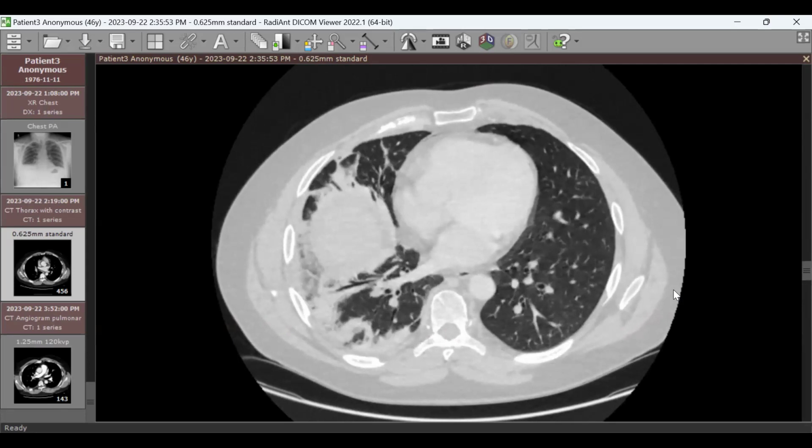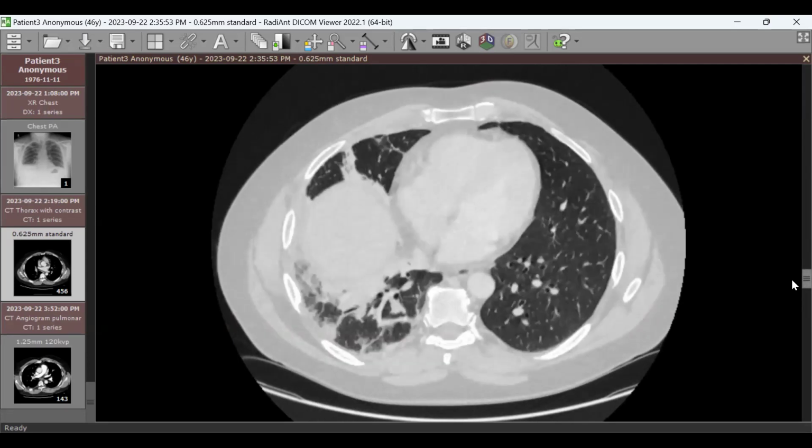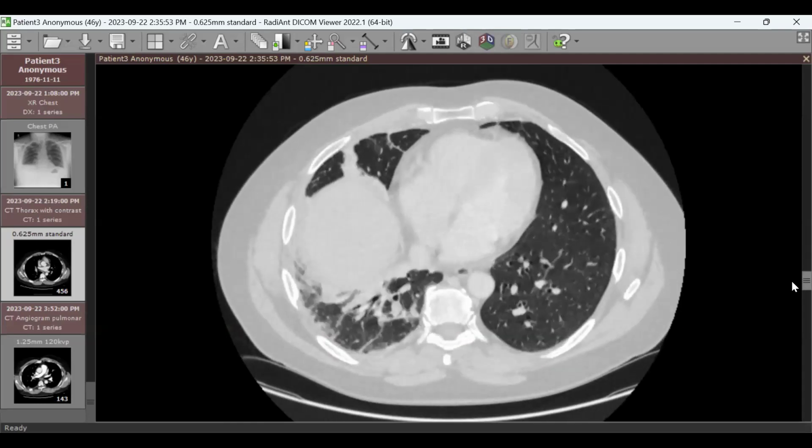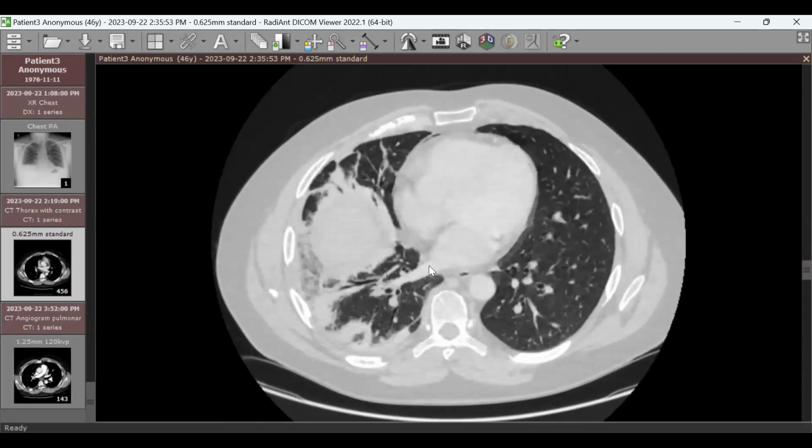Yeah, so we saw the abnormality on the right side, right? Good. Right lower. We'll focus on this area here, and I want you to focus on this lesion here.